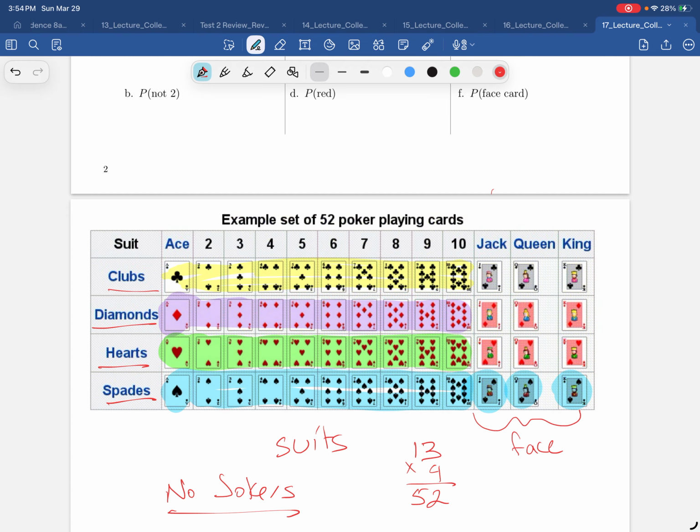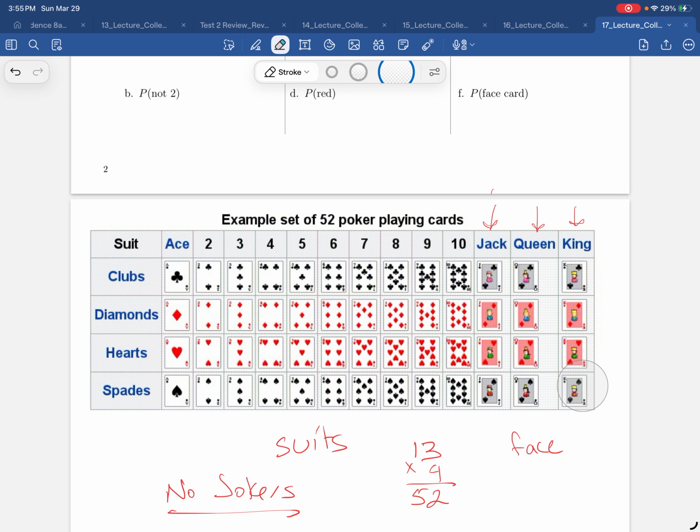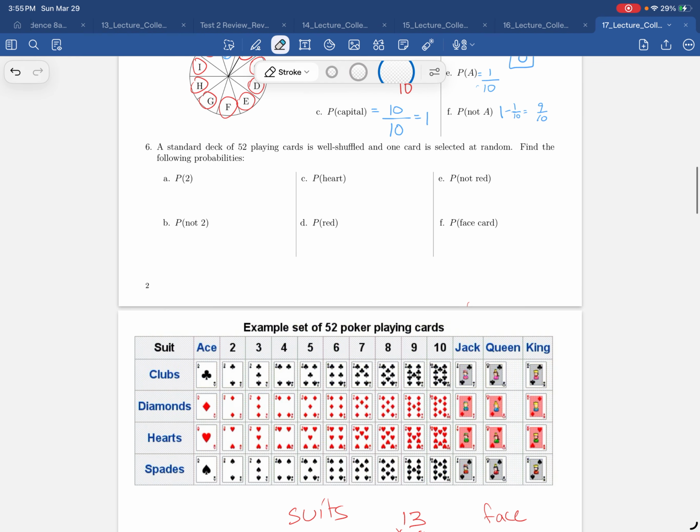We have 4 aces. Also, please note that the red cards are hearts and diamonds, and the black cards are clubs and spades. Those are some pretty universal things with a standard deck of 52 cards. If you don't know what's in that, it doesn't take too long to study them and be familiar with them. It'll help you with a lot of math questions.